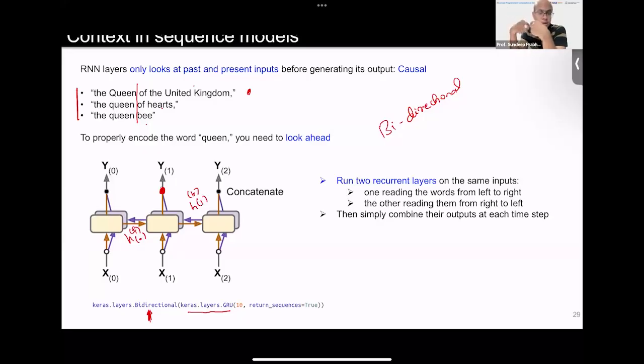Letting go would mean that I'm allowed to see the future while processing the current input. In some applications, you cannot use that. For example, if you're doing text prediction in your Gmail console, you would like to predict what comes next, so you cannot use a bidirectional RNN. But if you're doing, say, a translation, you would like to use all the information. It's not just processing one word at a time. You would also like to process what comes next while processing the current input. So that is bidirectional RNN.